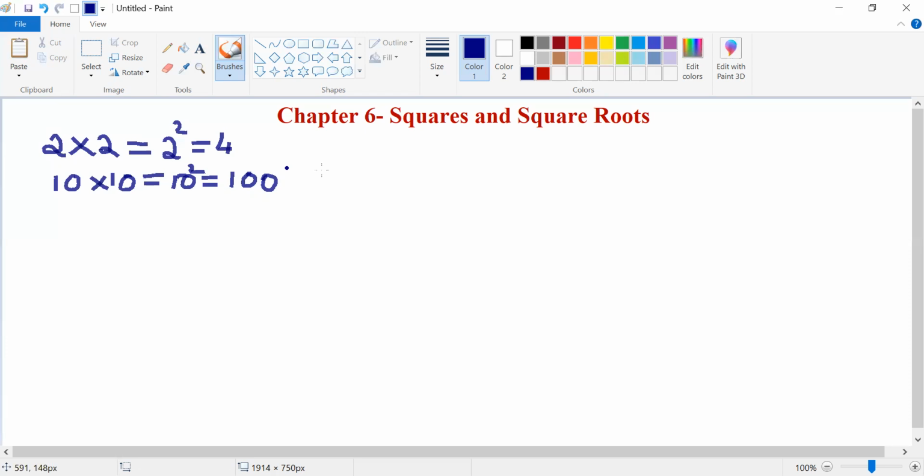So now let us write the squares of numbers from 1 to 10.